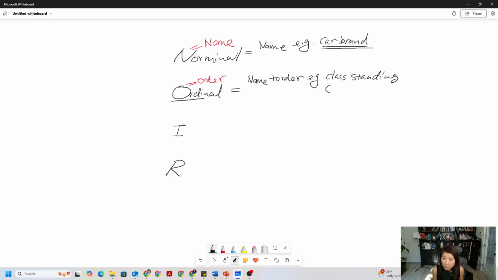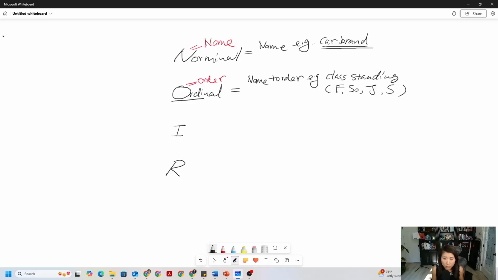We have freshman, sophomore, junior, and senior. As we know, each class standing value is a name. But not only that, from freshman to senior, each name means you are taking more credits.